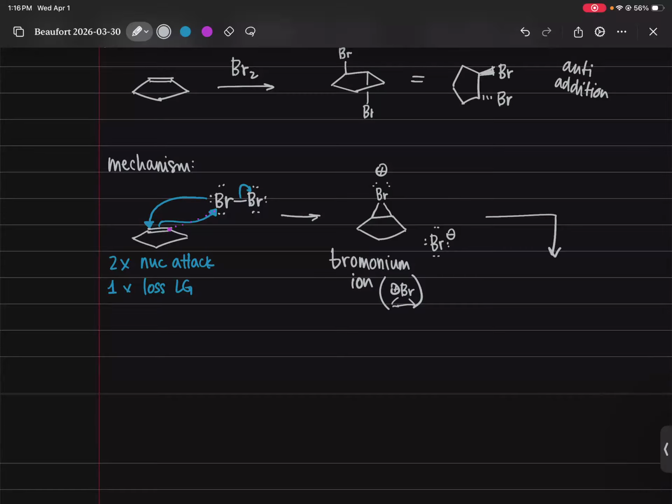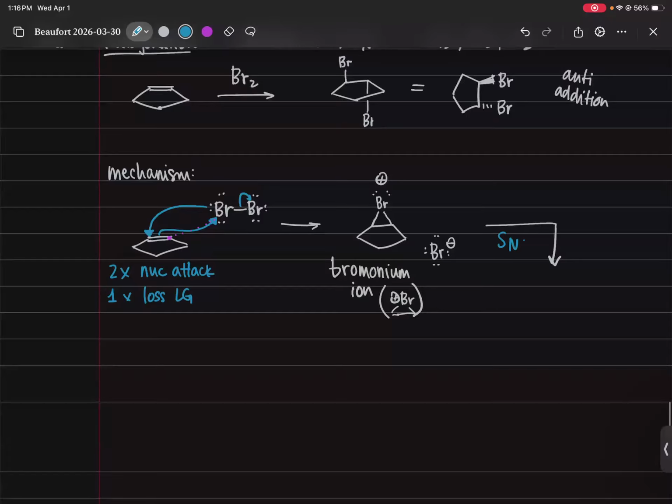The next step is basically an SN2 reaction. So what is our nucleophile going to be? The floating bromine.